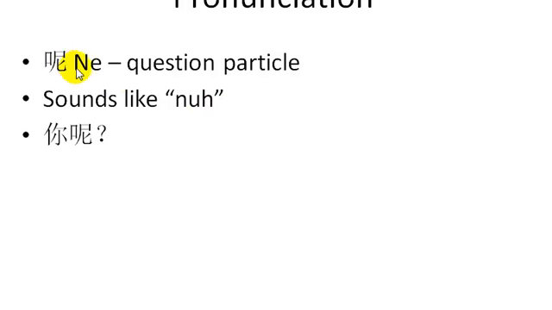Now, ne has no tone. It's neutral. So let's try this 3 times together. Ne, ne, ne. Excellent. And now let's put it together with ni to form the phrase, and what about you? Or how about you? 3 times. Ni ne, ni ne, ni ne.